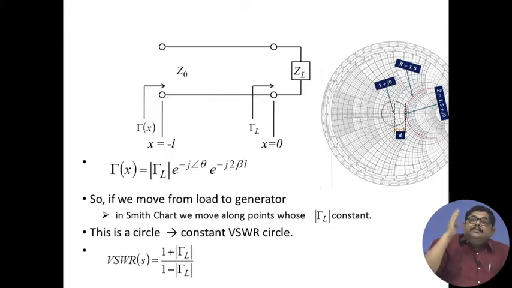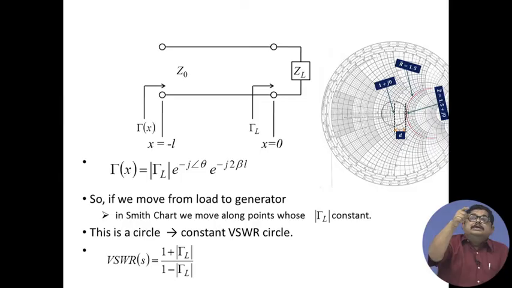So there is a reflection coefficient at the load, which is called gamma L. If you move across the transmission line, your reflection coefficient value changes. That means the ratio of the reflected voltage wave to the incident wave changes. This is called the line reflection coefficient, gamma x.